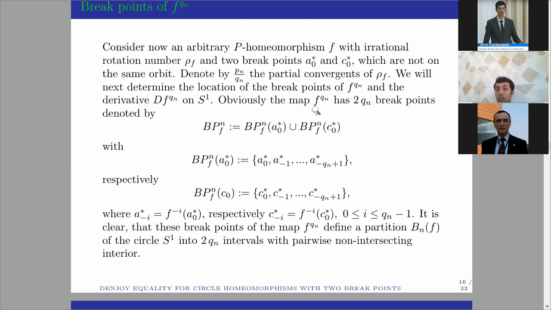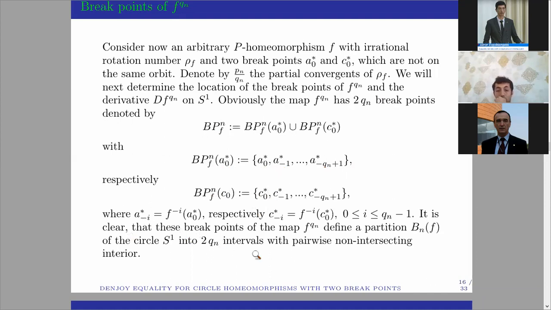Obviously, f^qn has two qn breakpoints, and we denote this set by BP_n, which is the union of two sets. Here we just distinguish them, let's call them type A and type B. So all breakpoints generated by a0 and all breakpoints generated by c0.